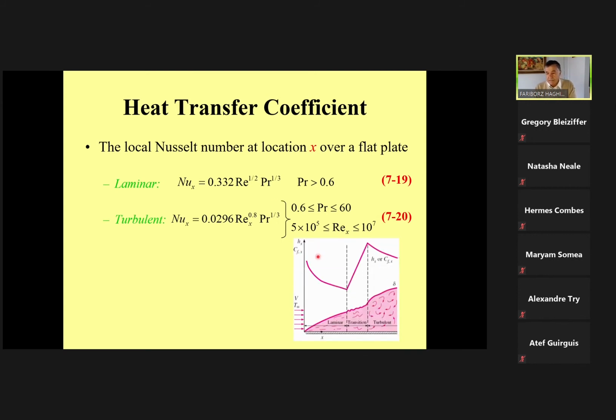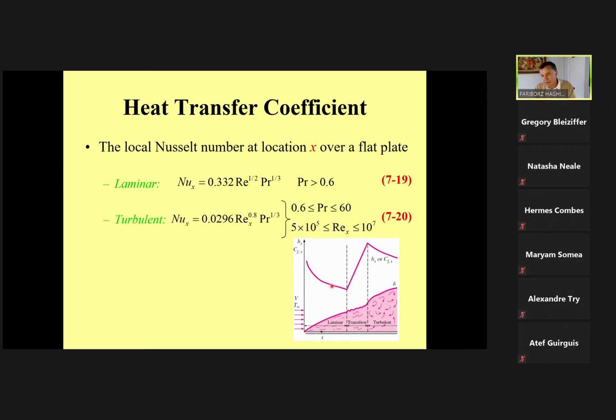If you would like to visualize it, the trend is that at the beginning you have an infinite heat transfer value, and then it slowly drops. This is the behavior of the heat transfer. It slowly drops, and at the transition point it increases suddenly as mixing starts to take place, and then it becomes steady turbulent flow and slowly drops again. Therefore, for these two equations the pattern is like this.